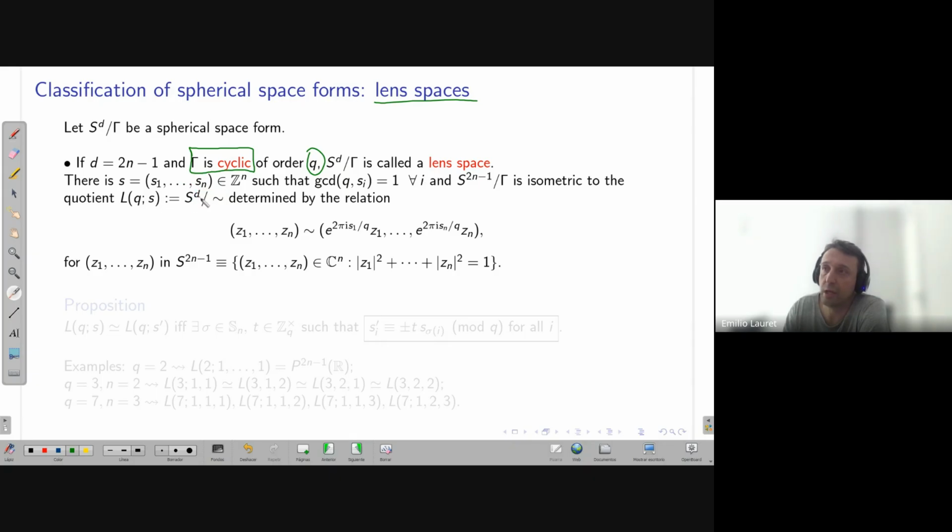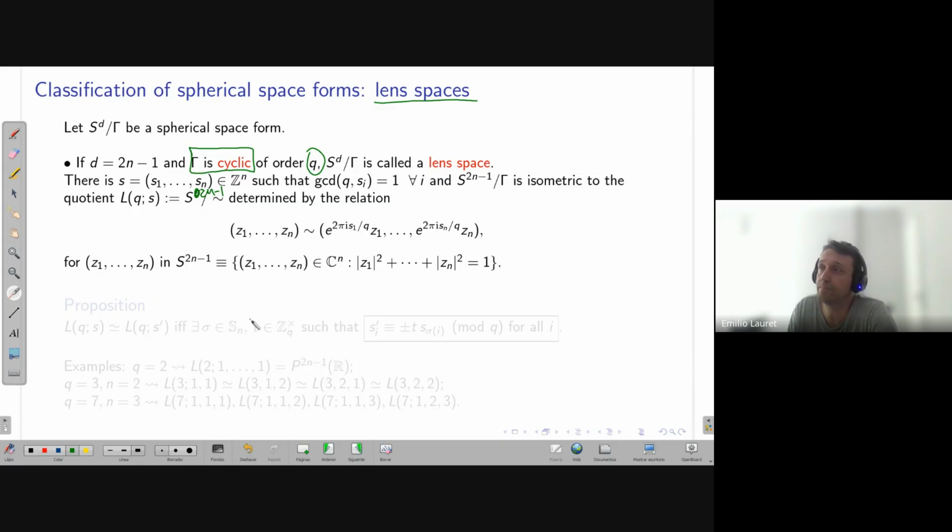Here there should be n, 2n minus 1, sorry. The 2n minus 1 dimensional sphere you identify with the n-tuples of complex numbers of unit norm. This is the 2n minus 1 dimensional way to realize this unit sphere.